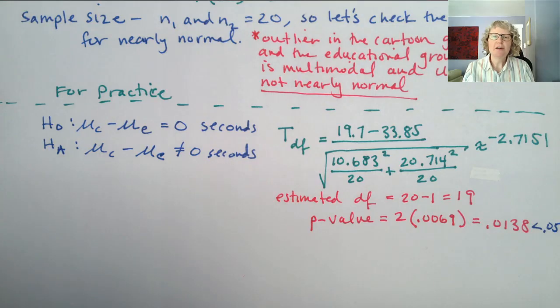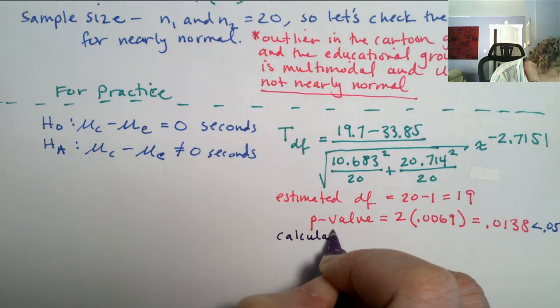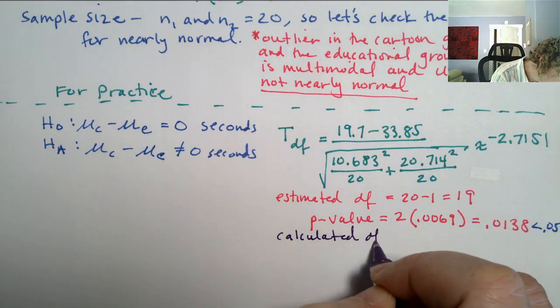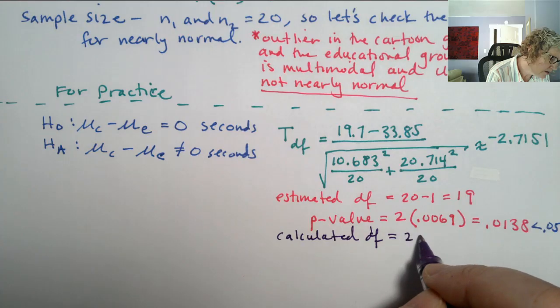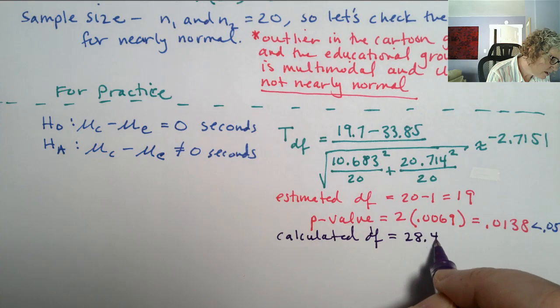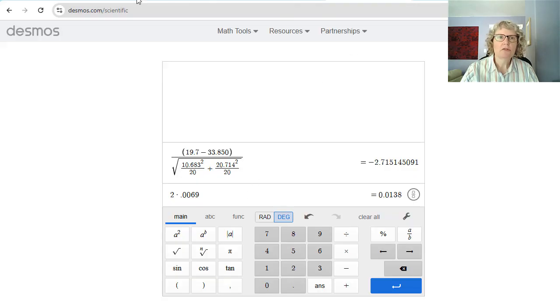Now I want to do the calculated one just to see how that compares. So I'm going to switch to a different color. Calculated degrees of freedom is, they gave it to us in the problem wording, 28.44. So you can see it's higher than the conservative one. So how does that change our answer?